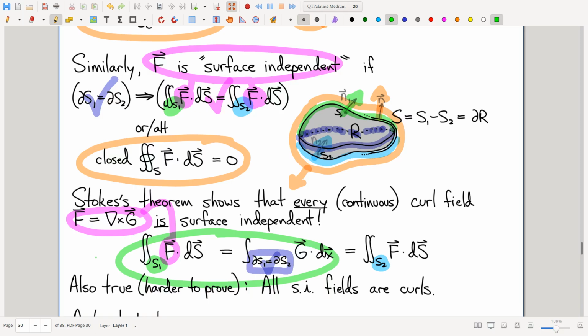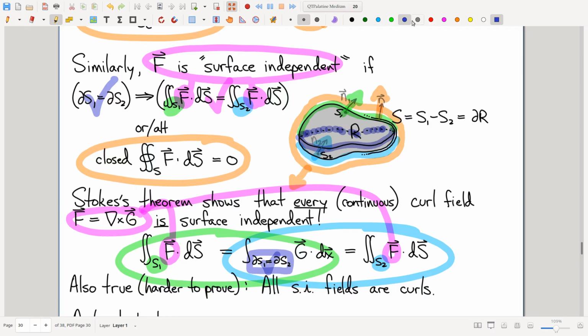And okay, now let's look at the other side. Let's look at this thing right here. We've got this flux right there. Oh, wait a minute. That is a flux of a curl. Likewise, we can compute that by way of Stokes' theorem with a line integral around the boundary.